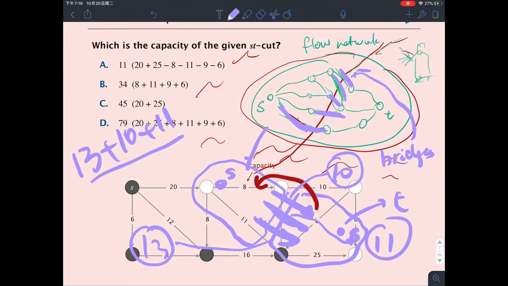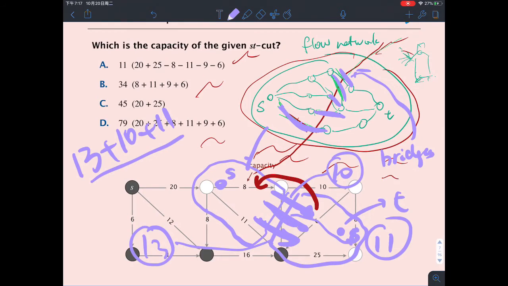The entire intuition is that when I break S and T into two islands, whatever way you transport the water from S to T, you have to use the bridges connecting the two islands. But there are only so many bridges. In this particular case, there are just 5 bridges.